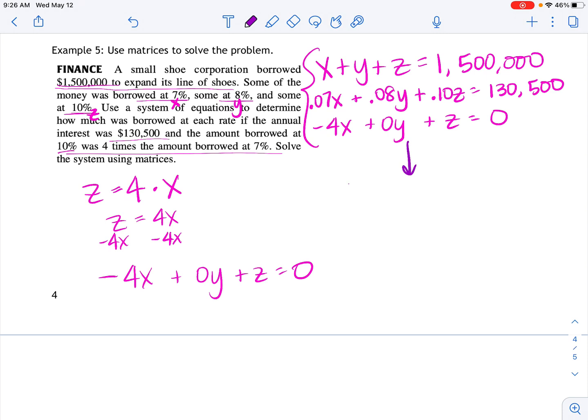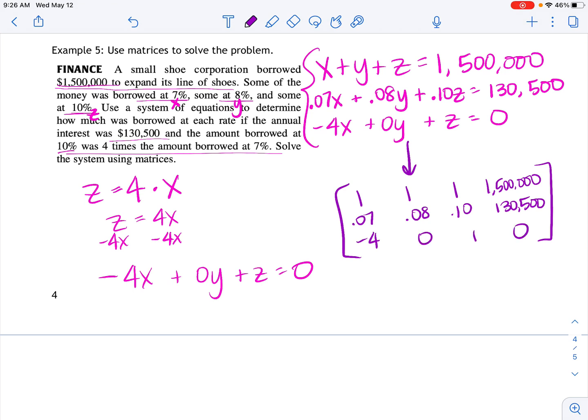I'm going to turn that into a matrix, which means I just write the numbers 1, 1, 1, 1,500,000, 0.07, 0.08, 0.10, 130,500, negative 4, 0, 1, 0. Now I'm going to put that in reduced row echelon form using my calculator. So I'm going to go to my matrix function. I'll go over to edit.